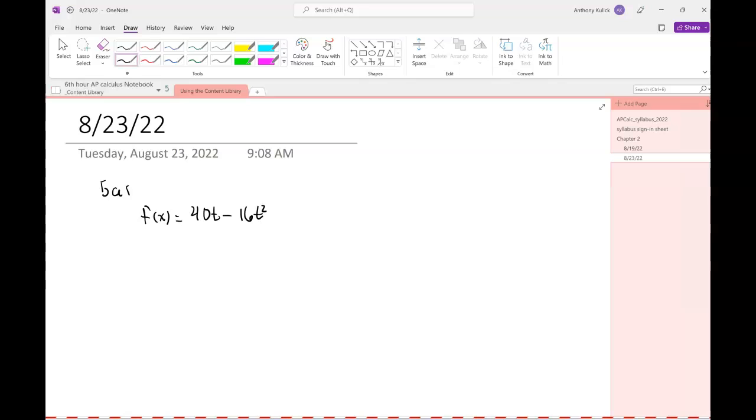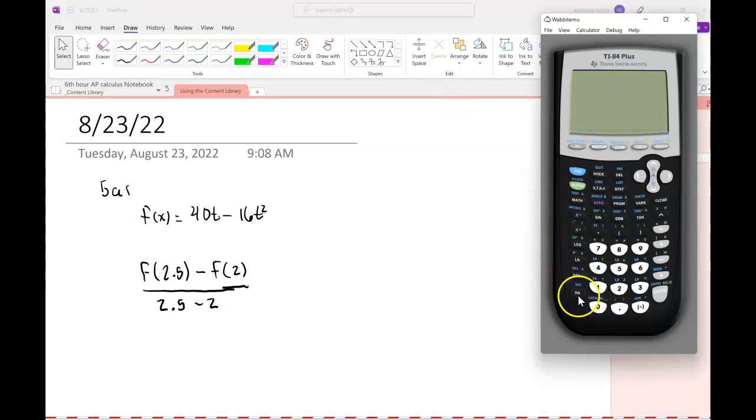My average velocity is just going to be the y-coordinate when t is 2.5 minus the y-coordinate when t is 2, divided by the change in time. So that's all I'm going to do. And that'll give me my average velocity for that time interval.